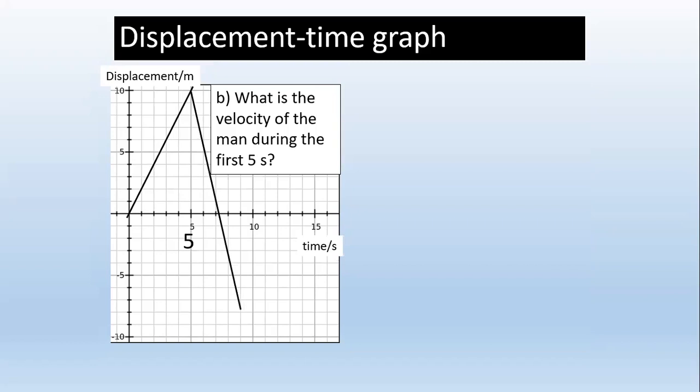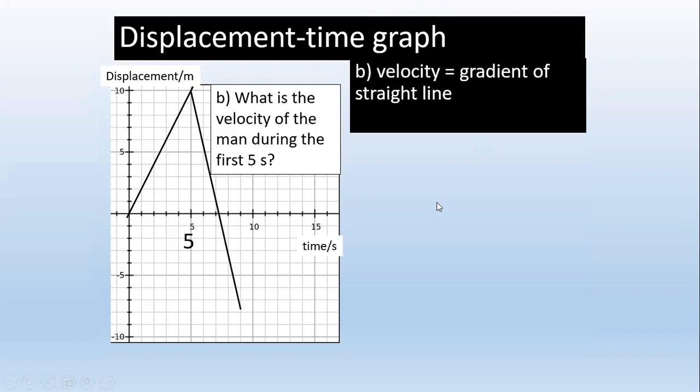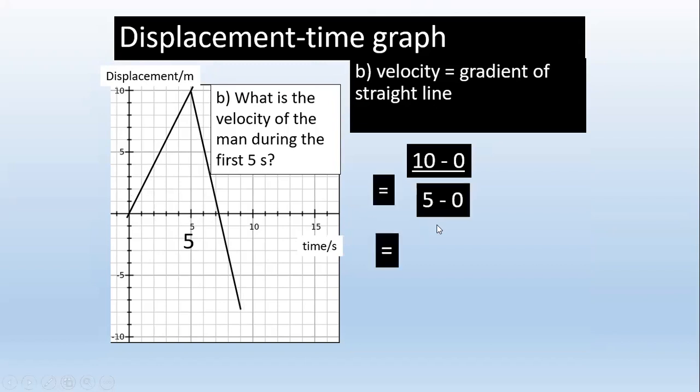What's the velocity of the man during the first 5 seconds? First 5 seconds is just here. Right? Velocity is the gradient of the straight line. So it's 0. The height is 10. Base is 5. 10 divided by 5. So it's 2 meters per second.